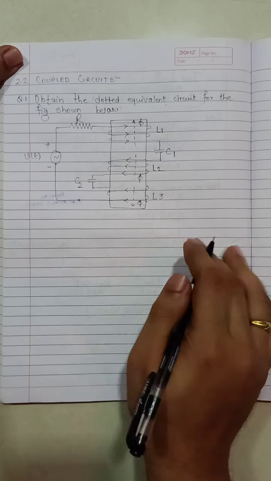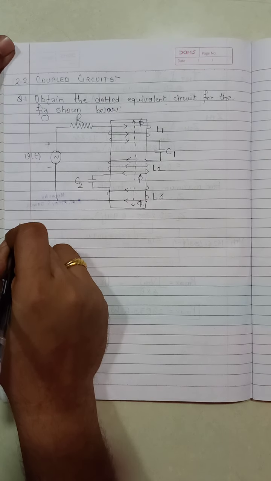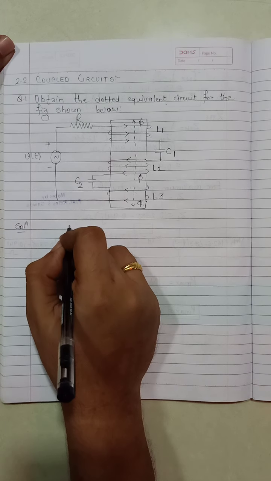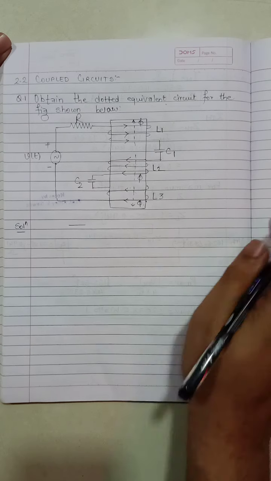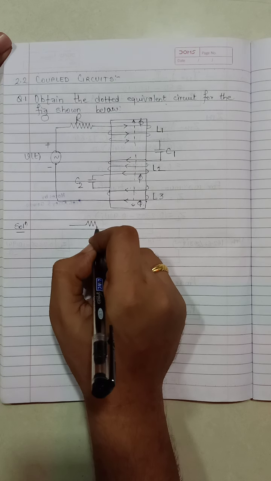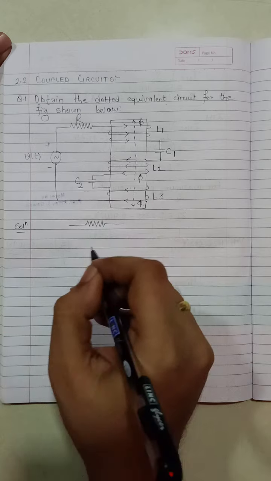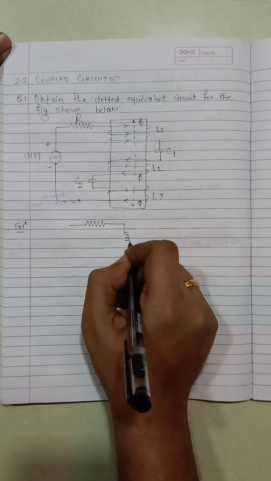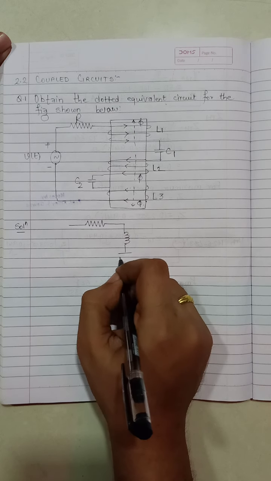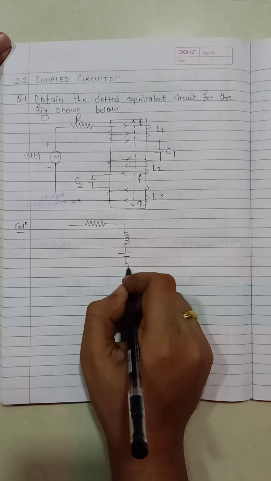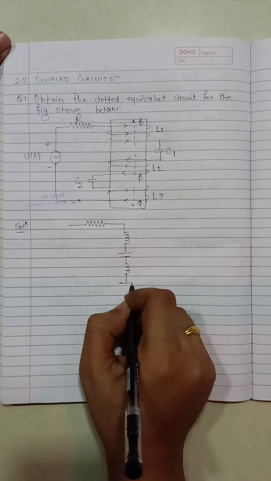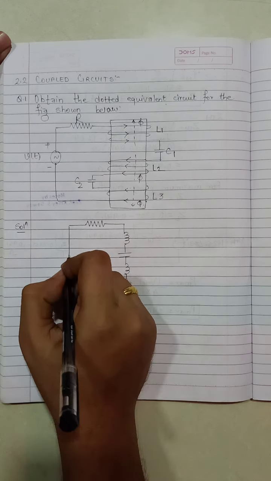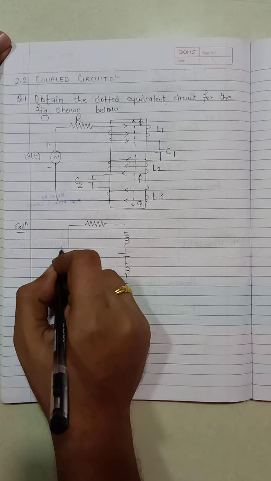So if you want to draw the equivalent circuit, then you have a resistor as given in the circuit, then L1 as an inductor, then C1 capacitor, L2 inductor, C2 capacitor, L3 inductor, and this is the supply voltage.